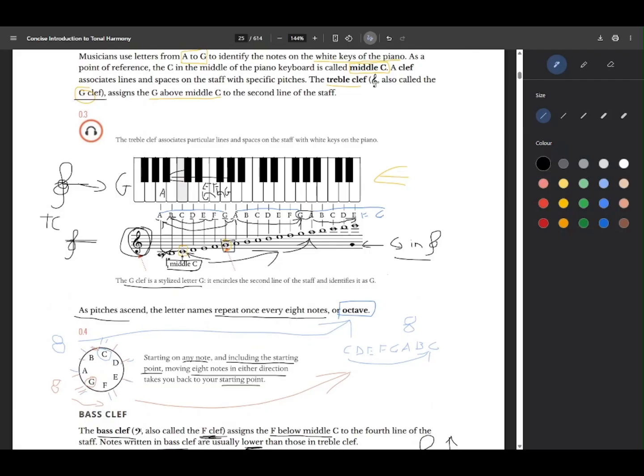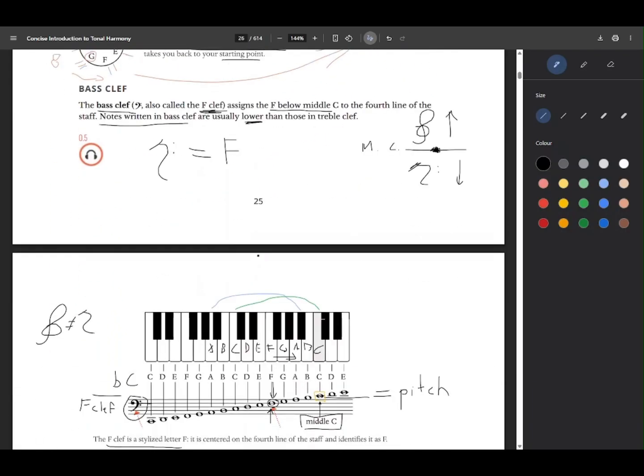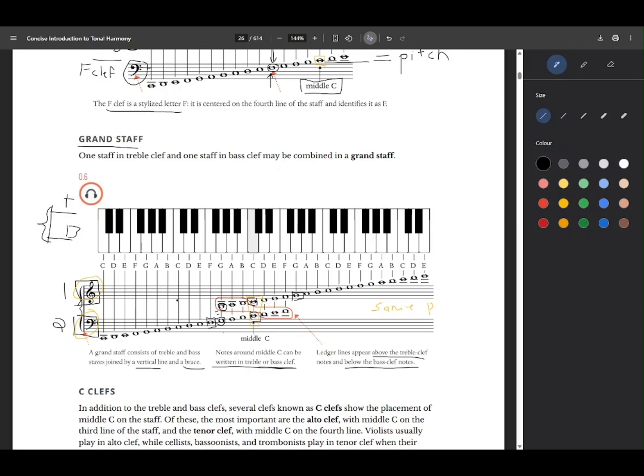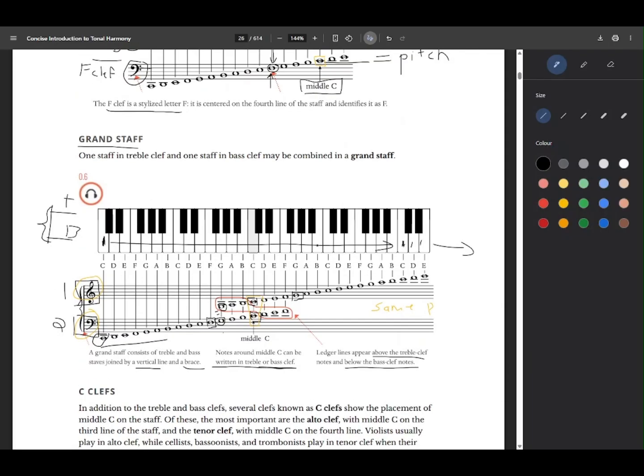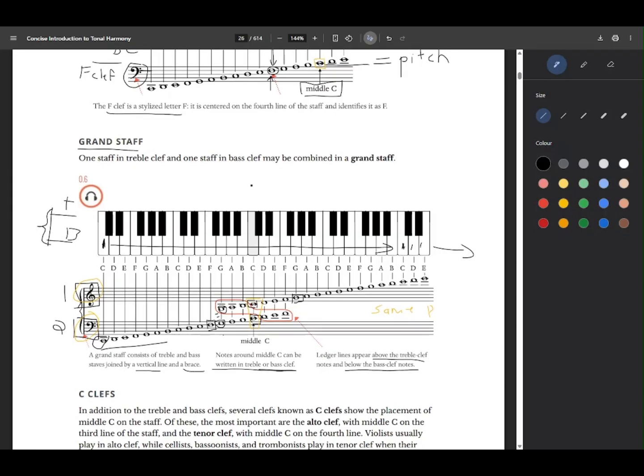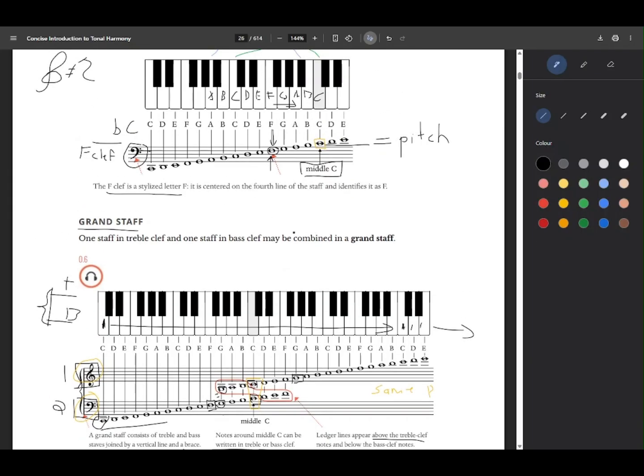That's simply so we can represent them all on a grand staff here. Using both of these in two lines, we can represent almost any pitch that we want, from our lowest C all the way down here on the keyboard, all the way up to C, D, E, and even beyond that. So those are our main clefs: treble clef and bass clef put together on a grand staff.